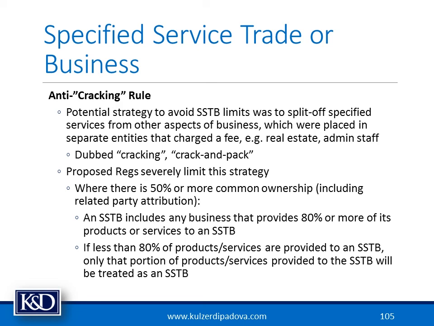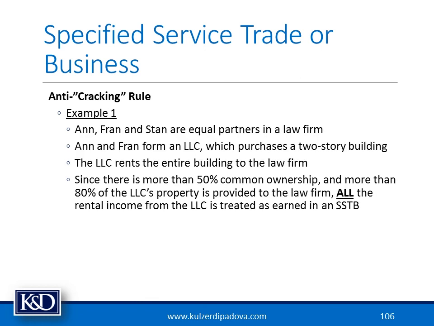So if it's more than 80%, and I have a couple of examples, the whole thing is a specified service business. If less than 80%, you're not off the hook. You still have to look at, well, how much is provided to the specified service business, and whatever that portion is, that is going to be considered income from a specified service trader business.